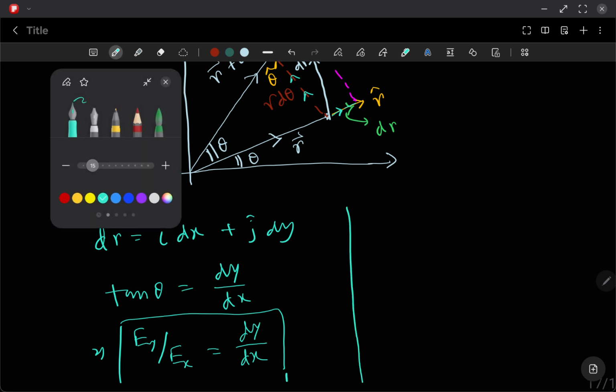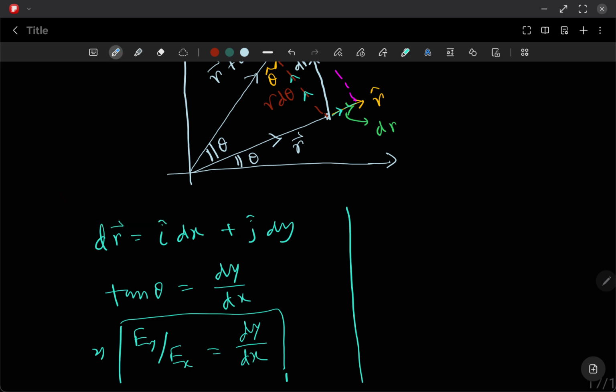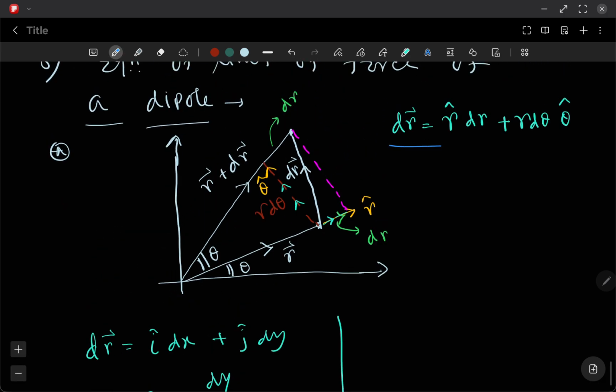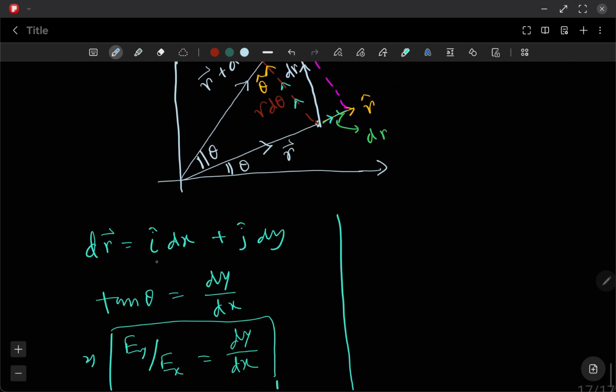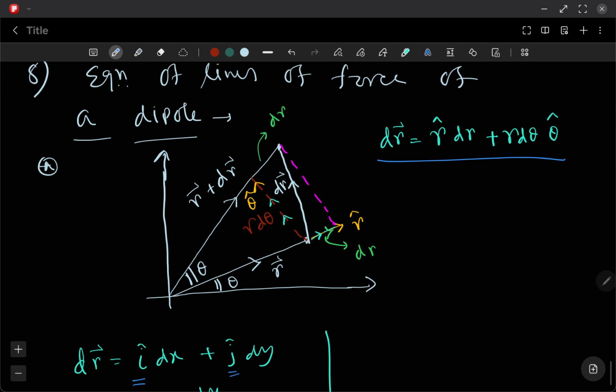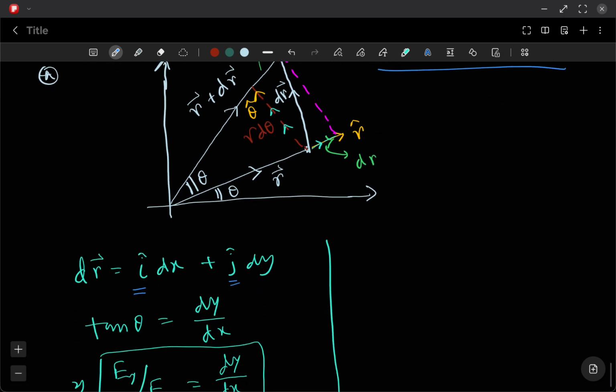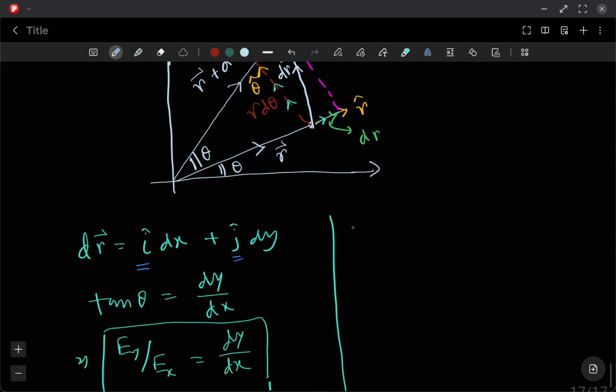We have written dr in terms of the x and y directions, but in terms of radial and transverse directions, we write it as r hat dr plus theta hat r d theta. So consider the analogy here.